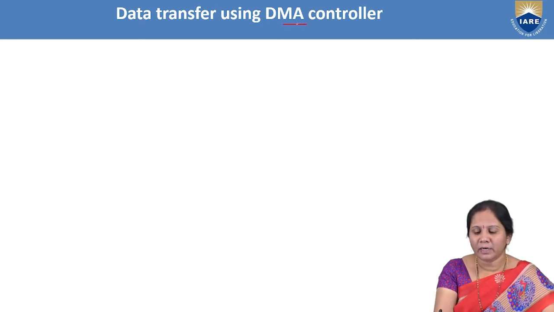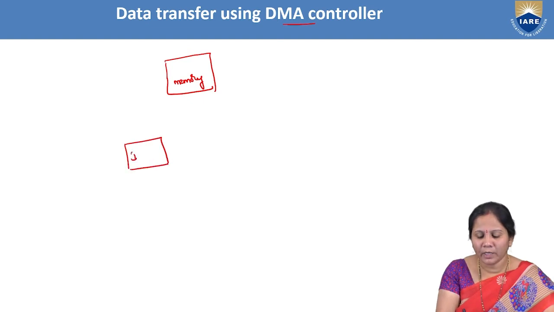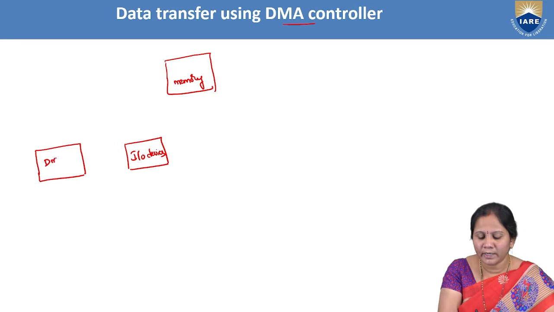Now, data transfer by using the DMA controller. How the data transfer happens: suppose we consider this as a memory, and here these are the IO devices, and here we should have one important hardware unit which is called the DMA controller.